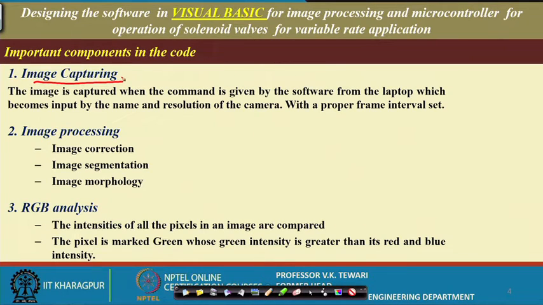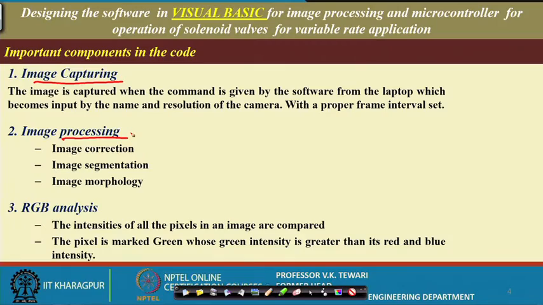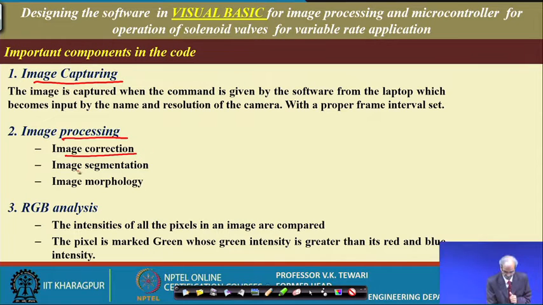The system will take the image, then process that image, because we would like the image to differentiate between the plant and the weeds. So, accordingly there has to be image correction, then segmentation of the image, and image morphology. These are the systems which will try to differentiate.